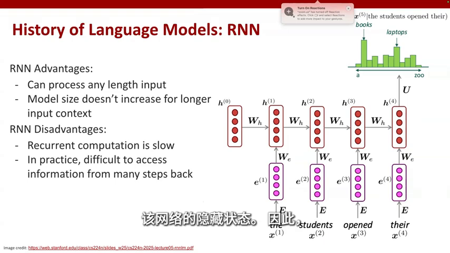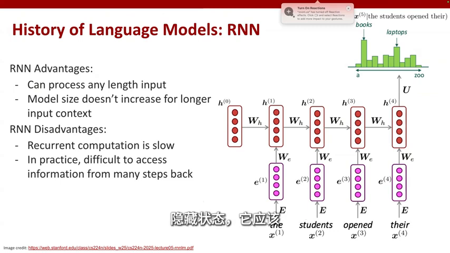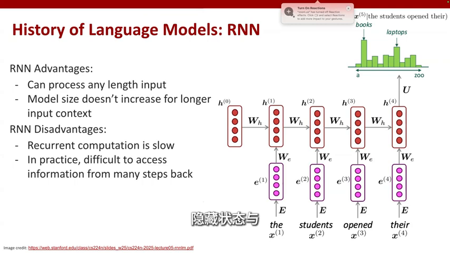So essentially, you're feeding each word token one by one, and after you feed in the whole sentence, you have a final hidden state that should have the information of all prior word tokens sequentially. Then you use the final hidden state with a classifier to predict the most probable next word.